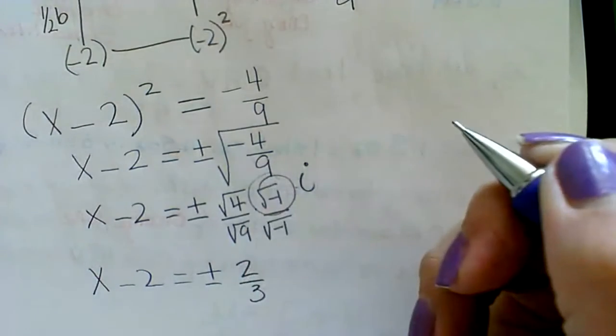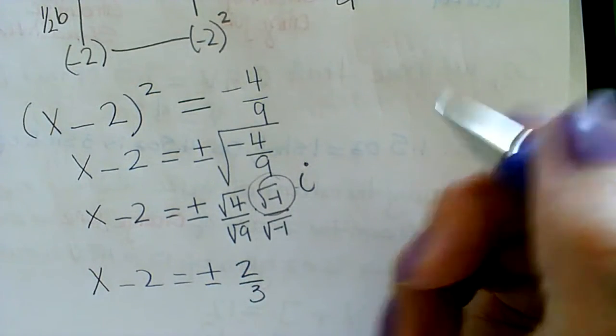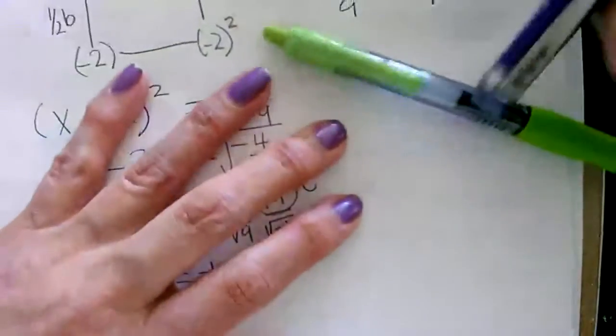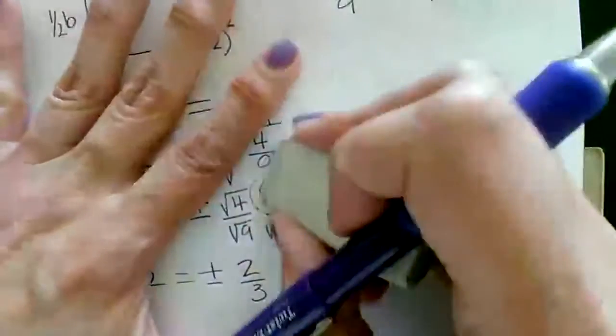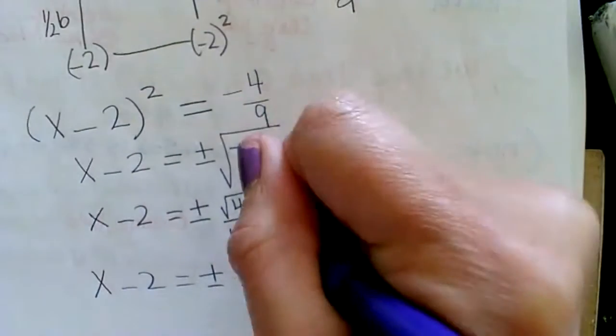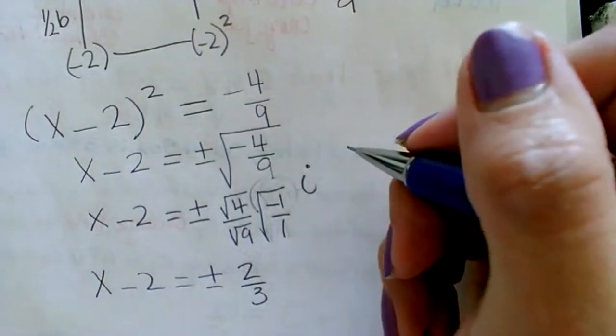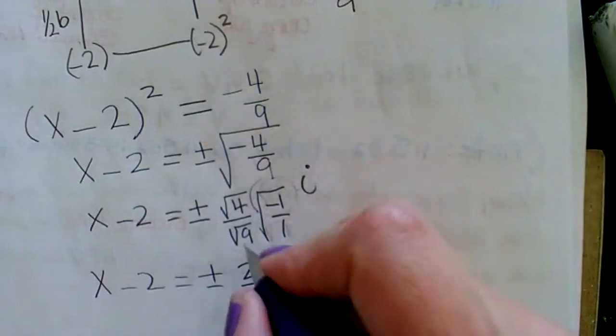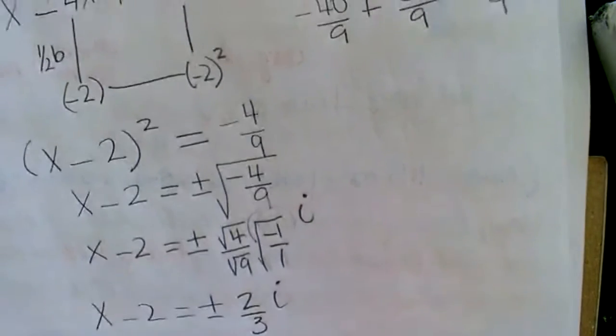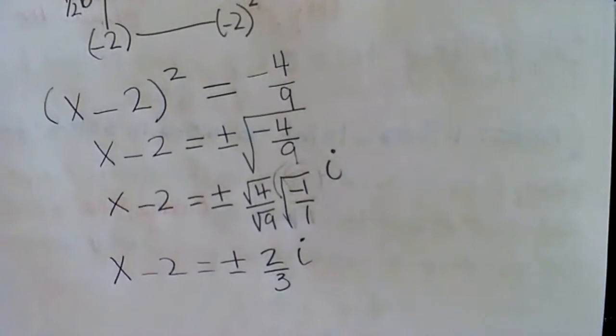This is i. So in other words, here's my eraser. Okay, and this is i. Sorry.